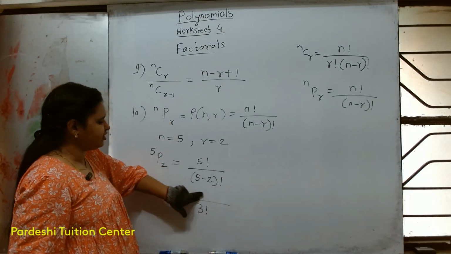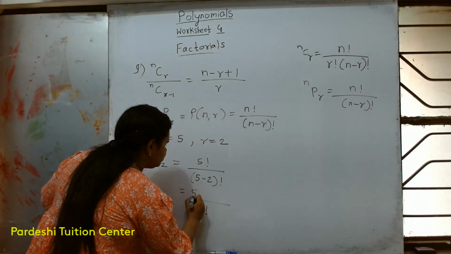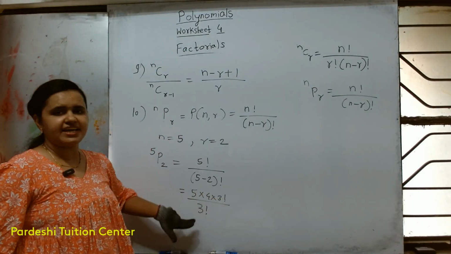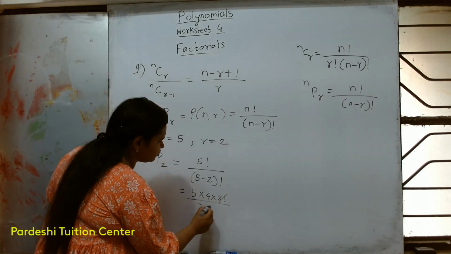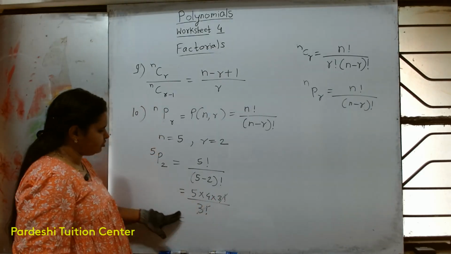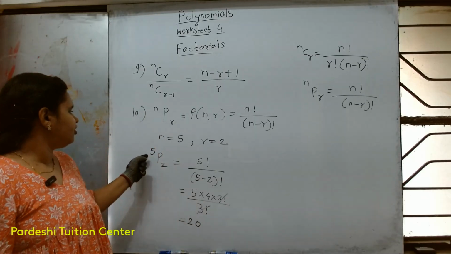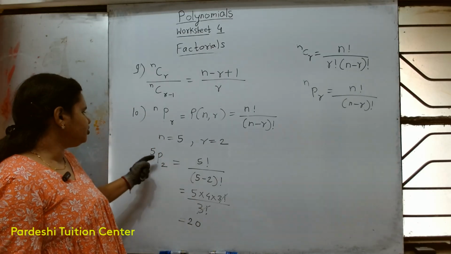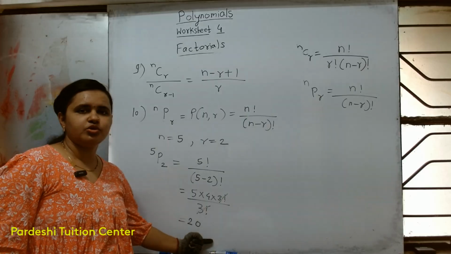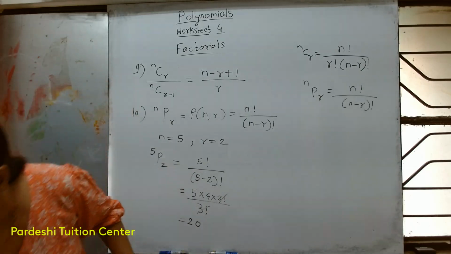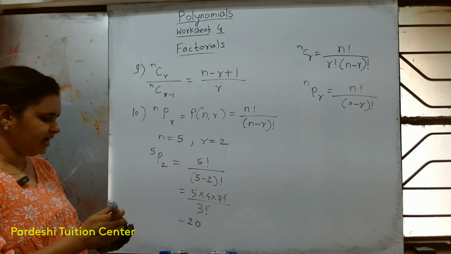I can write 5 factorial as 5 into 4 into 3 factorial, because I can cancel 3 factorial and 3 factorial. So it equals 5 into 4, which is 20. So the value of 5P2 is 20. It is just like combination, you put the values of n and r and check it.